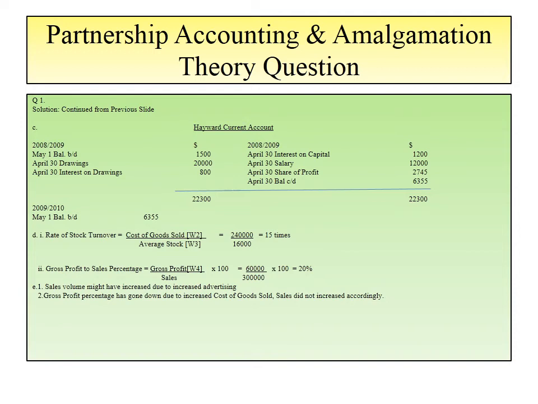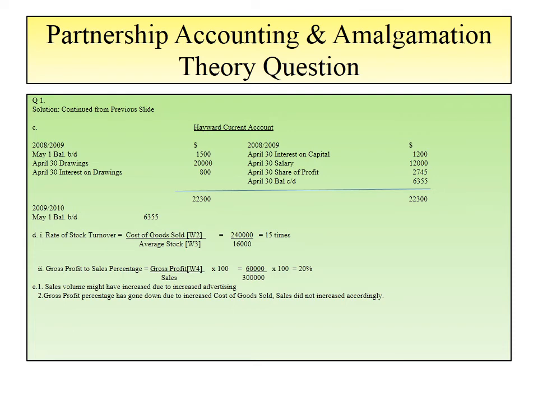On the credit side, it has interest on capital of 1200, the salary he has received of 12,000, and share of profit of 2750. If we add up both the debit and the credit, we are left with a debit balance of 6,355.